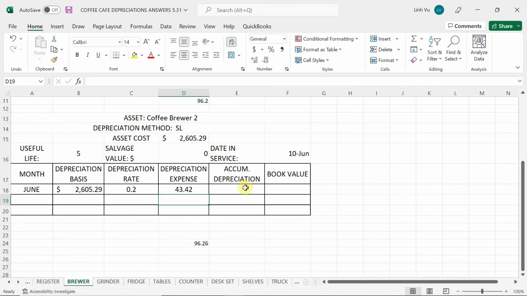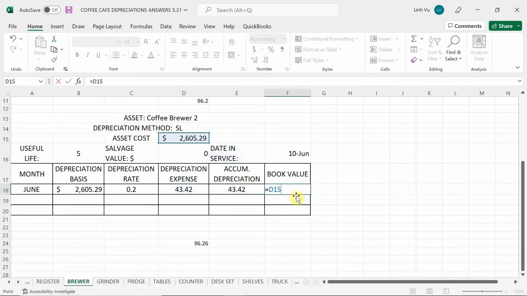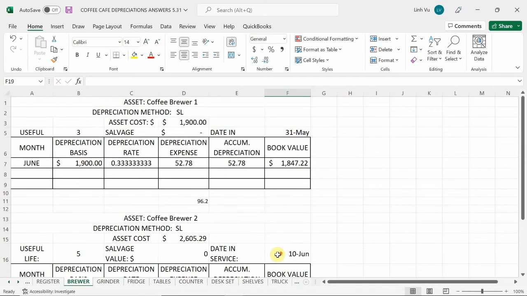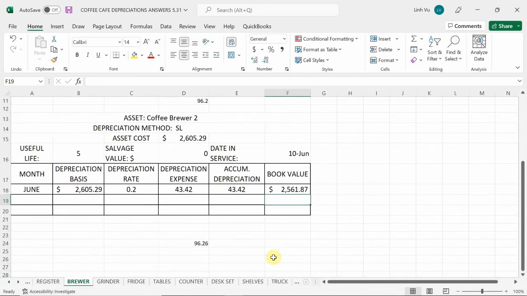So then what's my book value going to be? 2561.87. Okay. So in this case, there's my coffee brewers. Now I have one for $52.78, and I have the second one for $43.42.